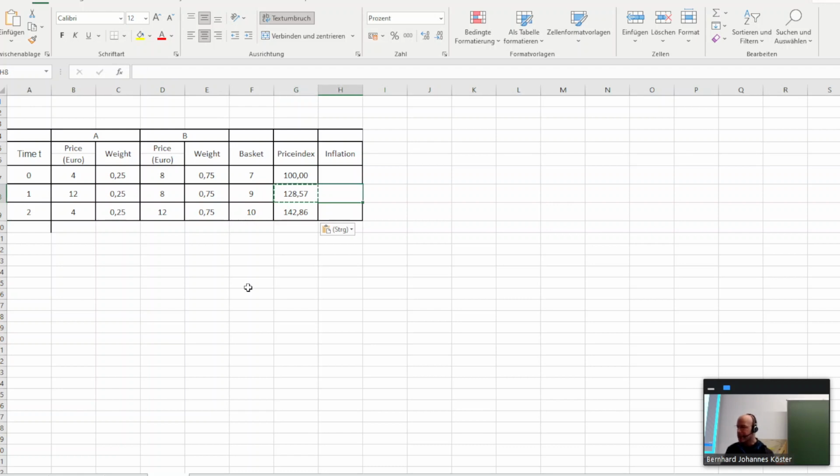What is then inflation? Inflation is just the relative change of my index. So this should be 28.57%. So equals this over 100 minus 1, which is 28.57%, and the same here. If I click inside, you see this is just 142 over 128 minus 1. In a minute, I will also put it on the slide.